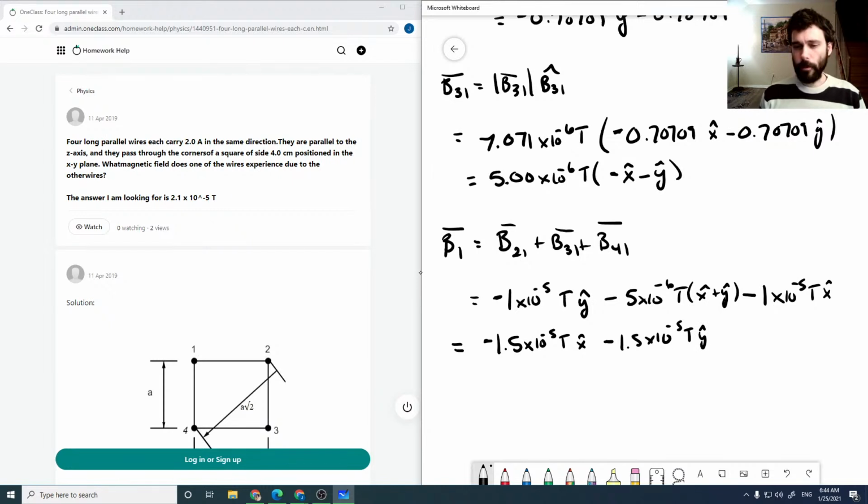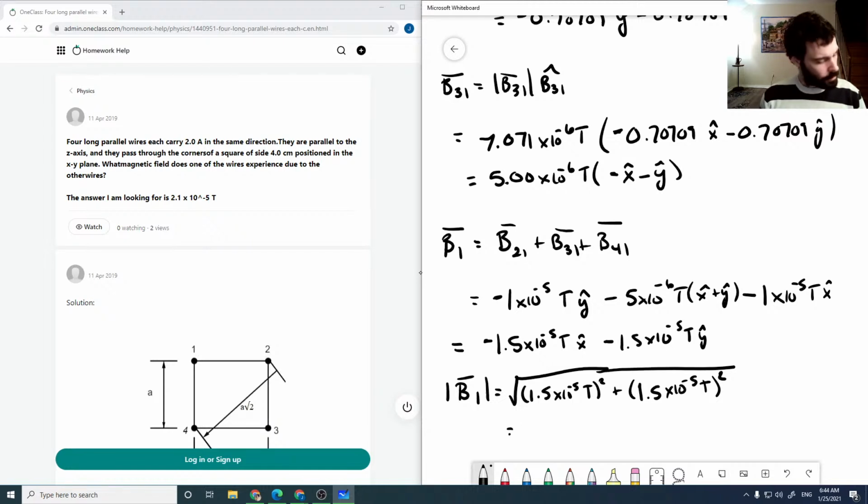And then if we want to know the magnitude of our B field at 1, well, that's just the square root of the components squared. And I've gotten rid of the negative sign, as the square of a negative is a positive. And that comes out to be 2.1 times 10 to the minus 5 Tesla.